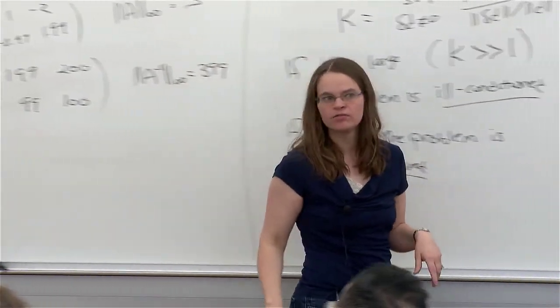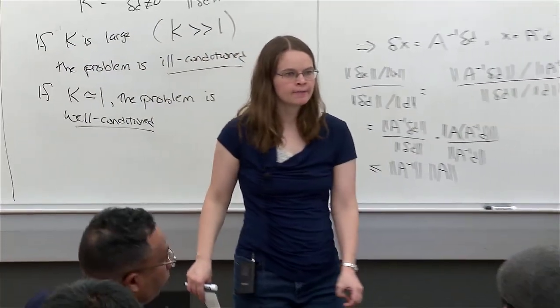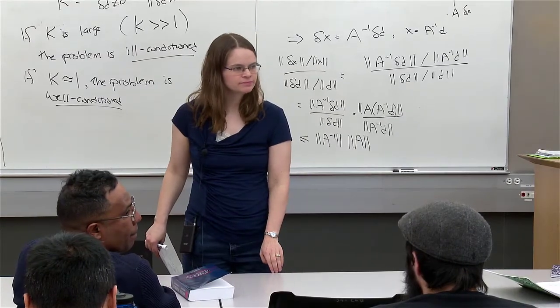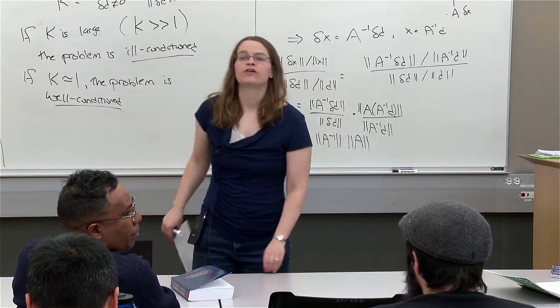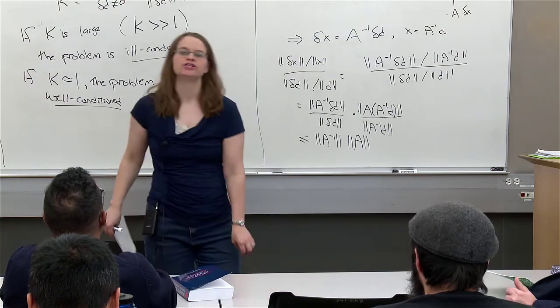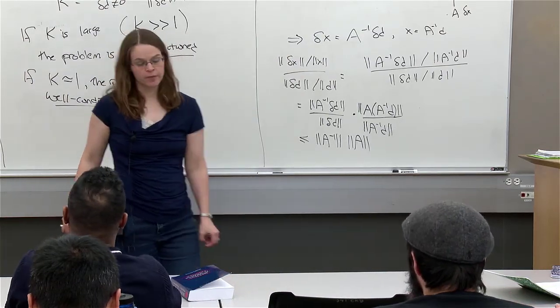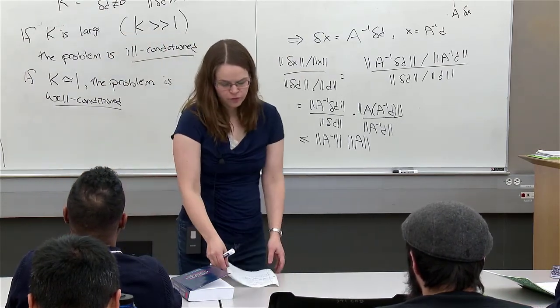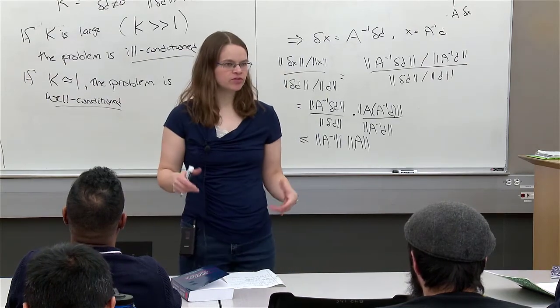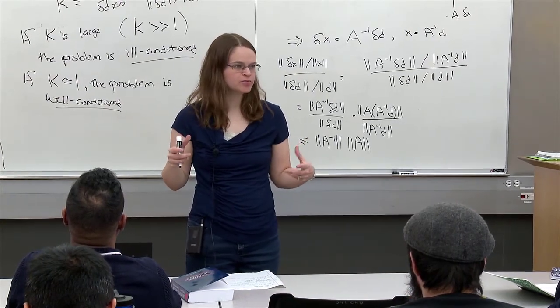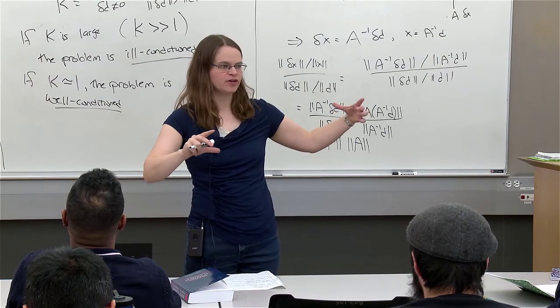Yeah. So can something be ill-conditioned under one norm and well-conditioned under another? So for these finite dimensional problems, these norms are called equivalent norms, which means basically you can bound one norm by a constant times another.